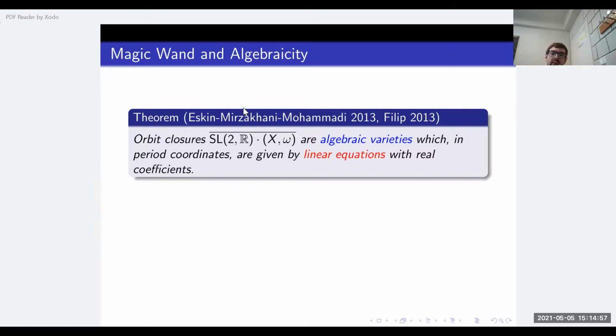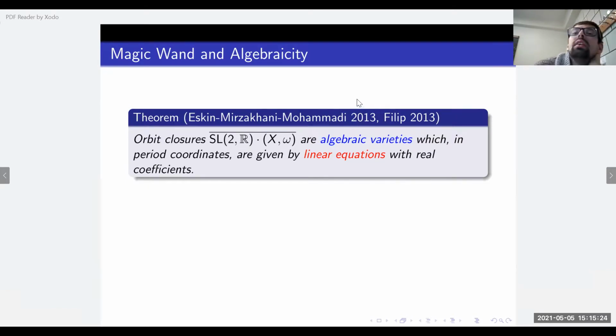So take the orbit closure of a point in the stratum, then those are always algebraic varieties. So they're very rigid objects, but they're even better if I now look at those period coordinates, this natural coordinate system that I have on the stratum. Then they're just given by linear equations, and the linear equations have only real coefficients. So in some sense, those varieties are as nice as possible.